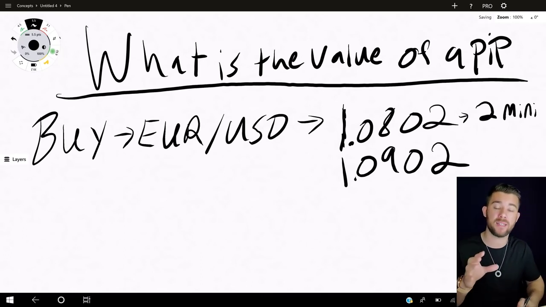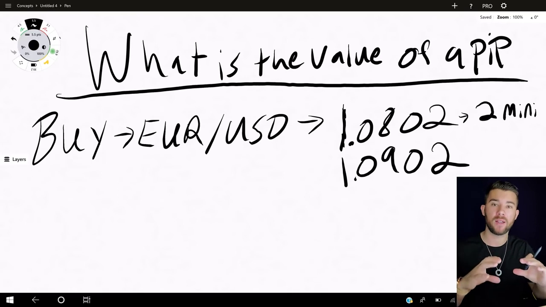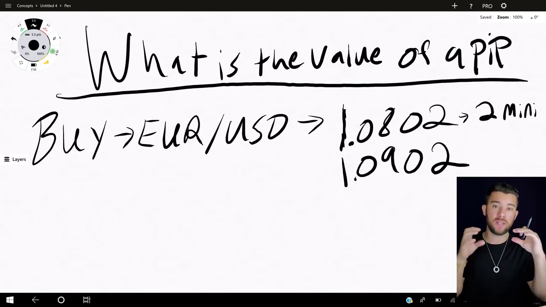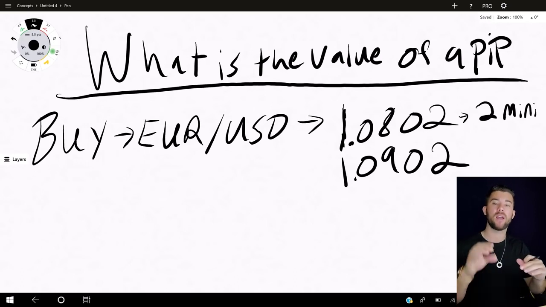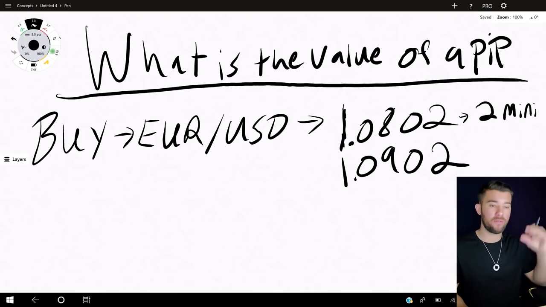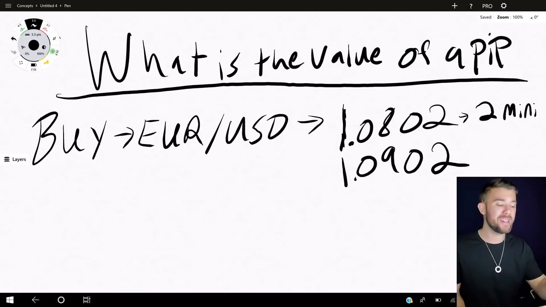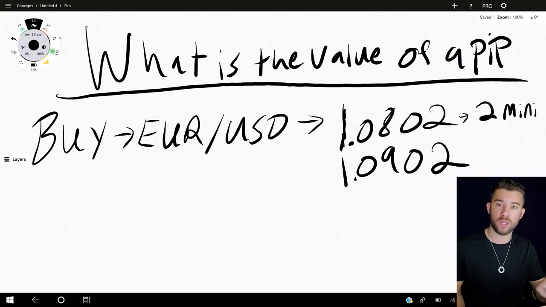And do you remember what a mini is? A mini is you holding 10,000 units of currency. So if you're trading 2 minis, you're holding 20,000 units of currency. A mini is worth $1 per pip, meaning the value of a pip, if you're trading a mini lot, is $1. So in this case, the market goes up by 100 pips.